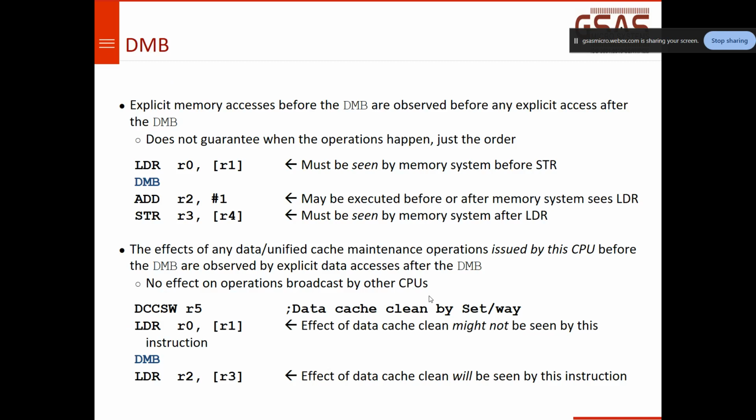But it has no control over arithmetic operations like add or multiply. Due to speculative fetching, the processor can still execute ADD R2, #1. But DMB will ensure that the store happens only when the LDR is completed.